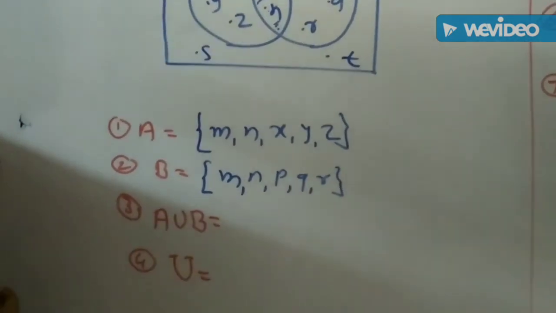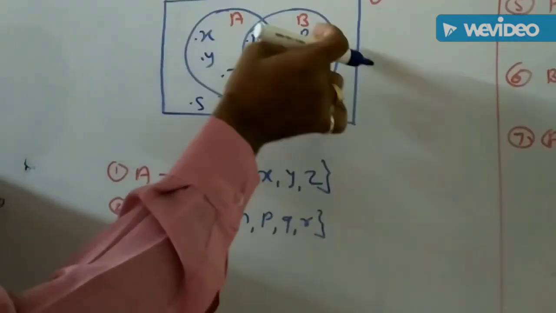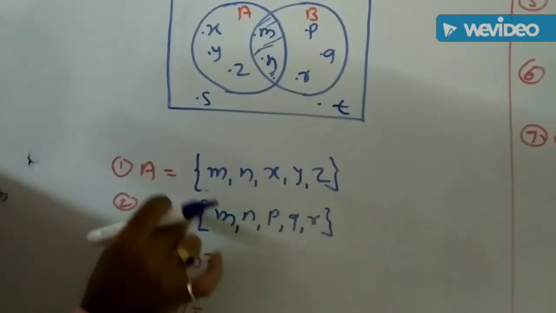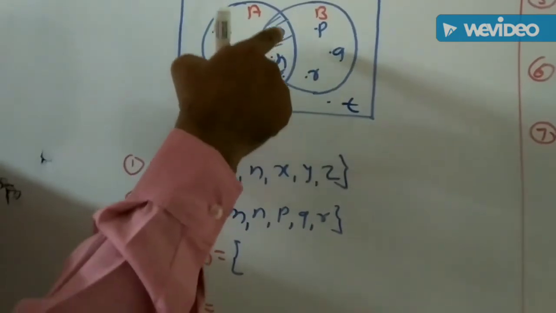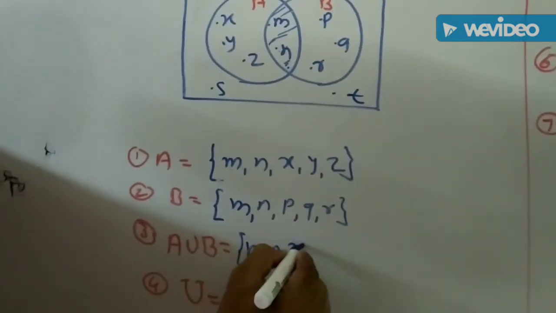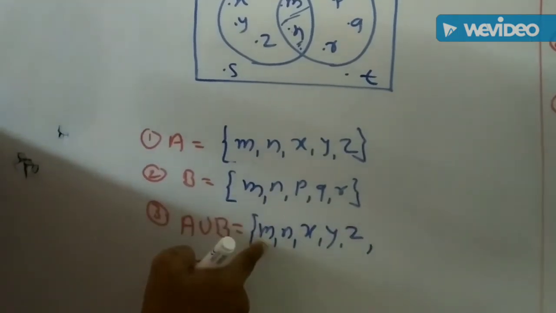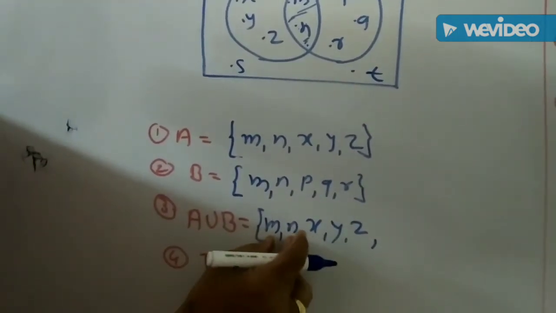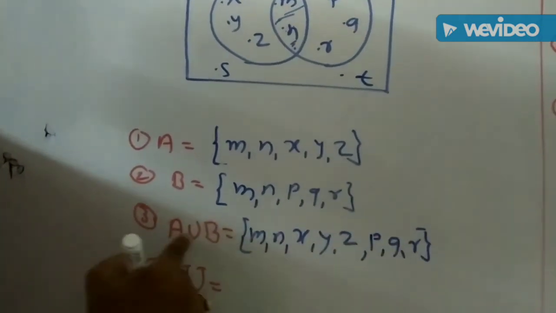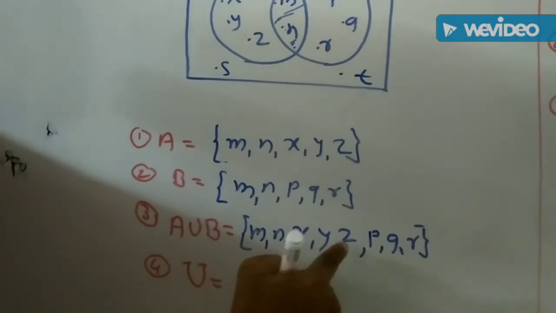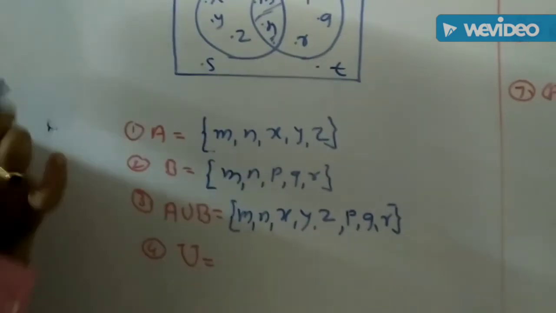Then A union B. A union B means the set of all the elements which are present in A or B. From this we write the A set as M, N, X, Y, Z. The B set has M, N, but we have already written M and N, therefore we do not write them again. The remaining elements are P, Q, R, and therefore the set A union B is M, N, X, Y, Z, P, Q, R. We write M and N only once because they are common to both.